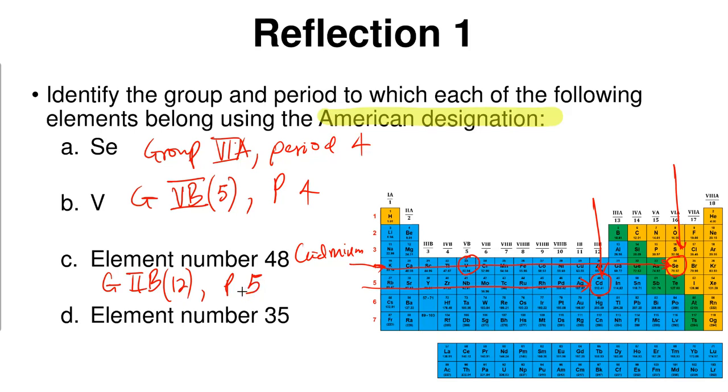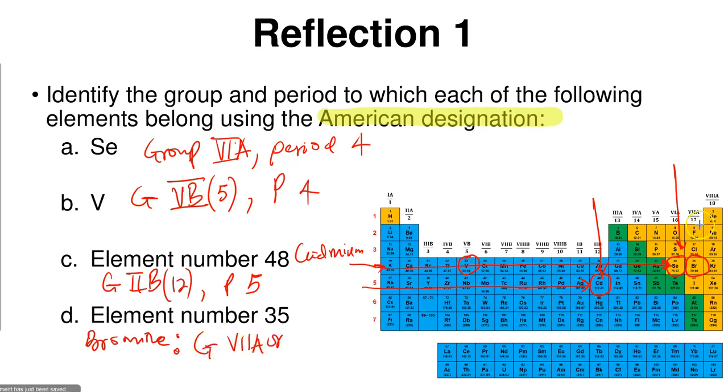And the last but not the least will be element number 35. Element number 35 is what? Bromine. Of course, if you know the element is bromine. Bromine is number 35. Bromine is located in period 4, and in group 7A.